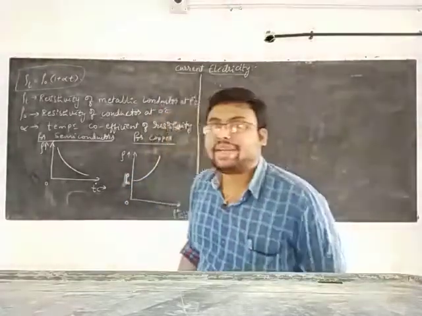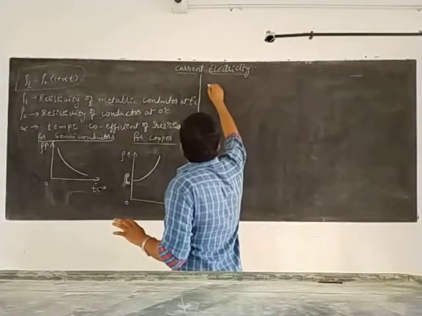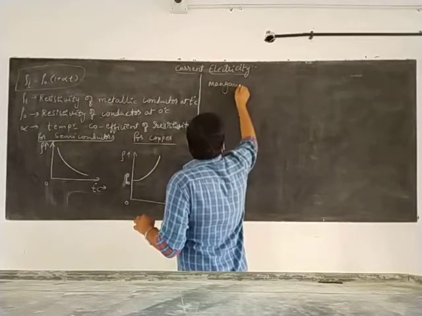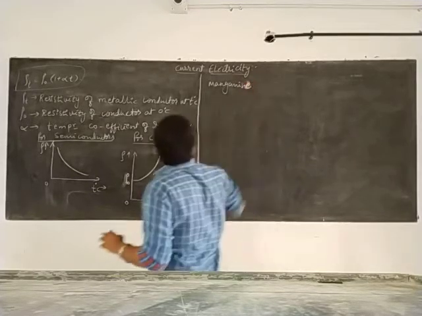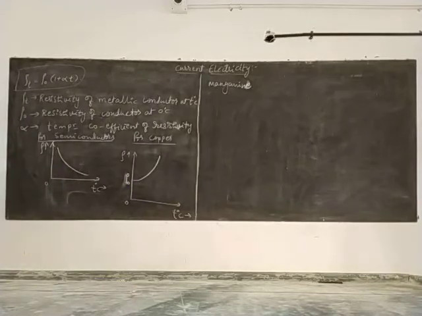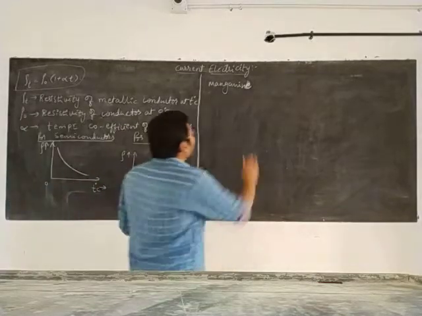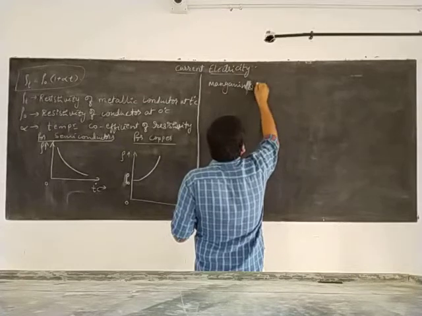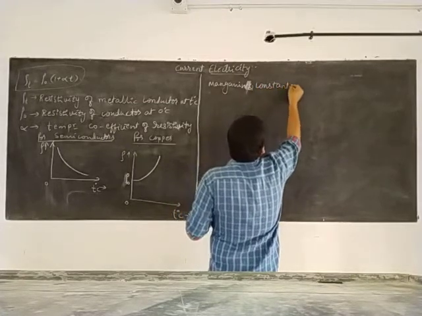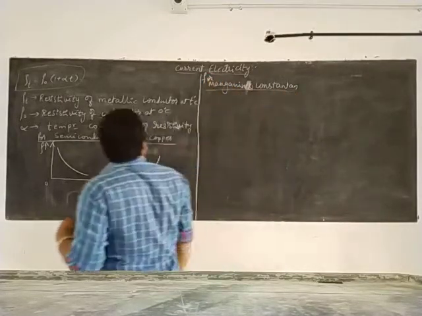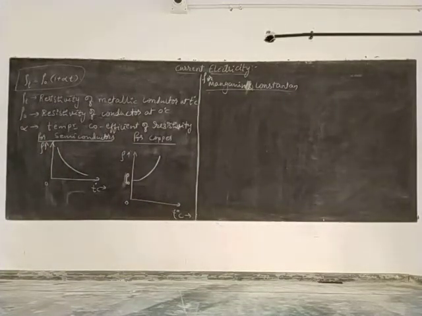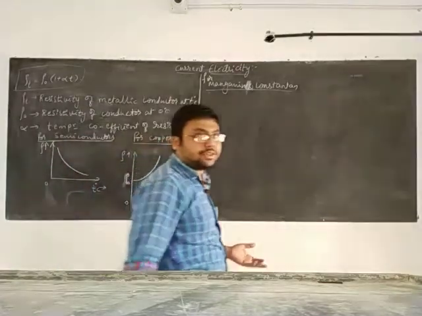How does the resistivity of manganese, constantan, and nichrome vary with temperature?